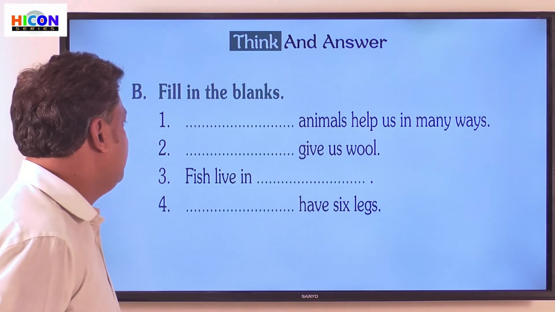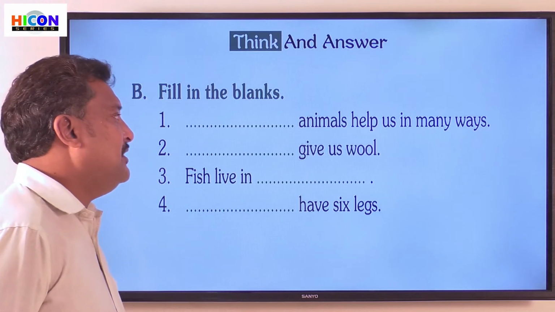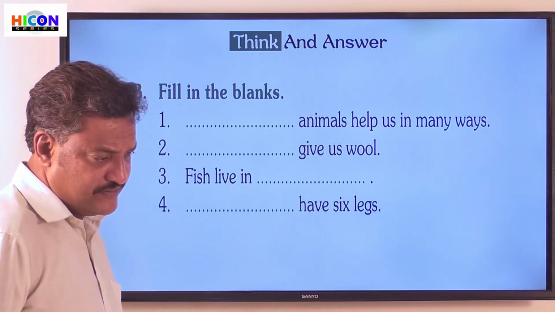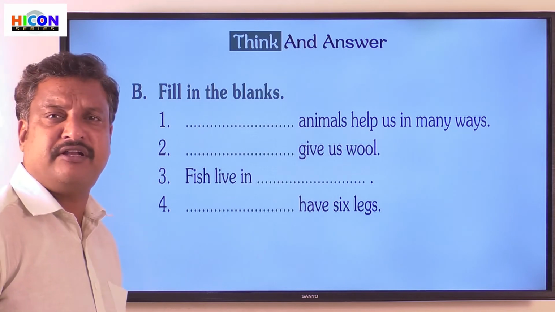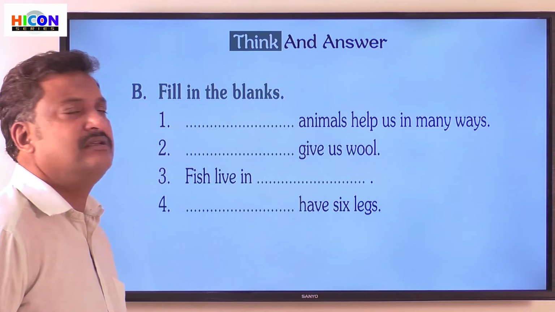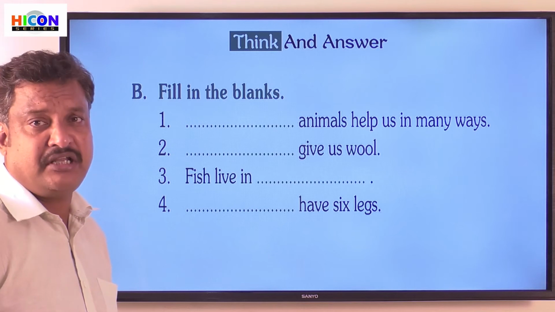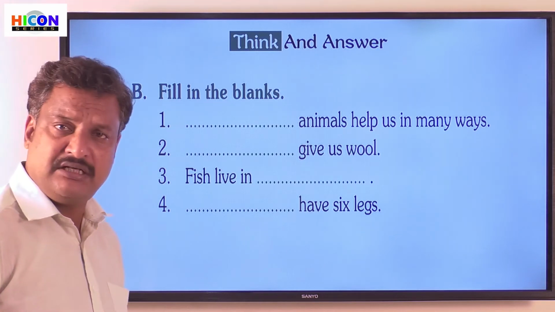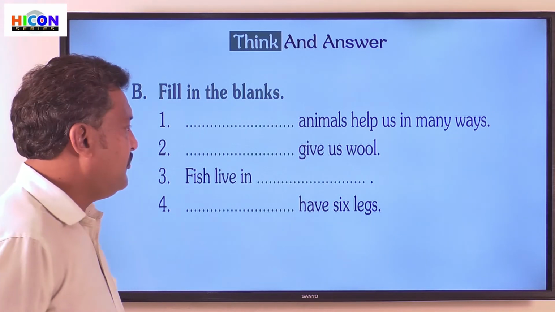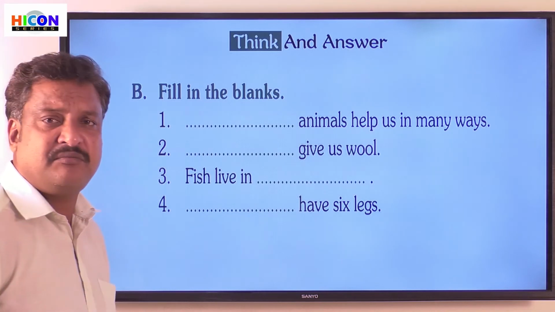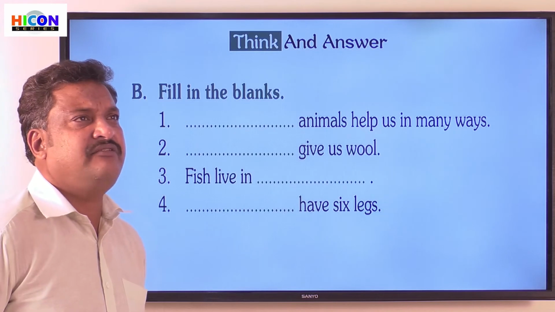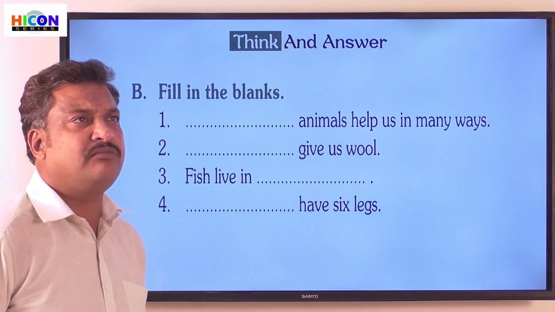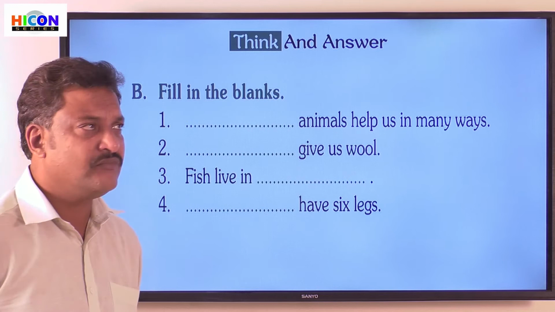First sentence. Dash animals help us in many ways. We have learned about the classification of animals. Some are called wild animals, some are called domestic animals, some are called pet animals, isn't it? So from which animals do we have some kind of help? Wild animals live in the forest and we do not have much help from them.